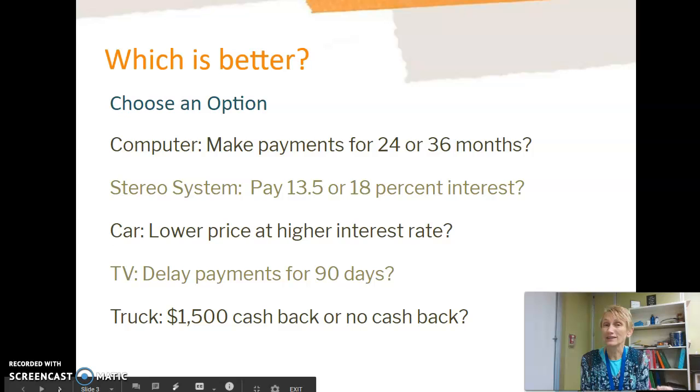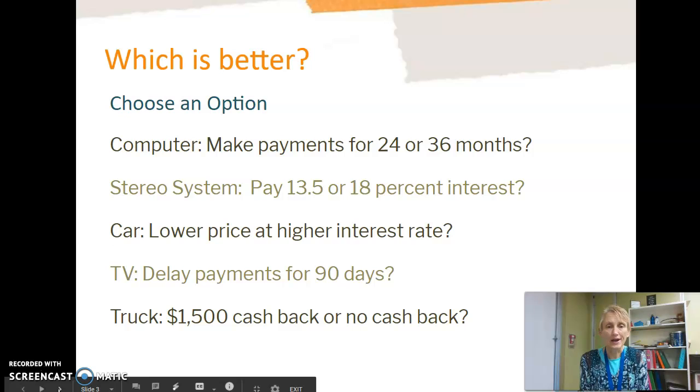But when they say no payments for 90 days, that doesn't necessarily mean there's no interest. Also, even if it says same as cash, at the end of that time, if you can't pay, most of the time they're going to back the interest up all the way to day 1. So only take advantage of those offers if you know, well, I really have the money now, but I'll use their money for free for a little while.